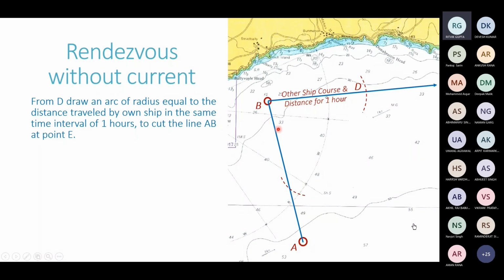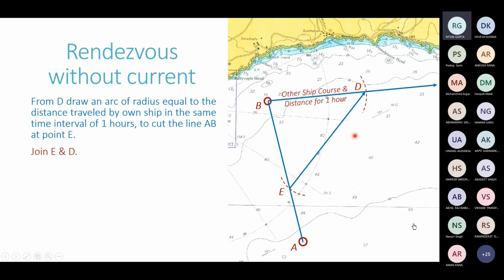This arc cuts the line AB joining both the positions at a certain point. Let's name that point as E, Echo. You can see E point here. Now let's join E and D, both these points.